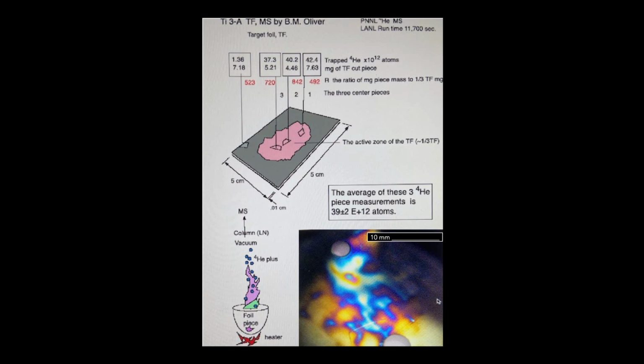Helium-4 was found in the active center, average helium content of 3 pieces, about 40 plus or minus 2 times 10 to the 12th atoms for the activity in the center of 1/3 of the target foil. No helium was found in the edge piece, nor in the two FCC palladium exposed target foils measured.